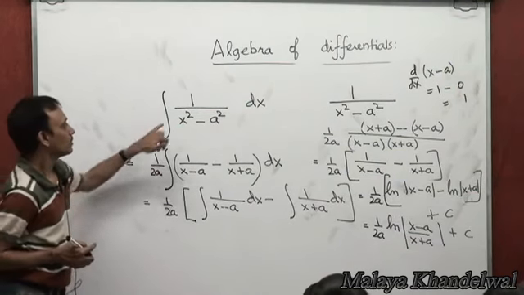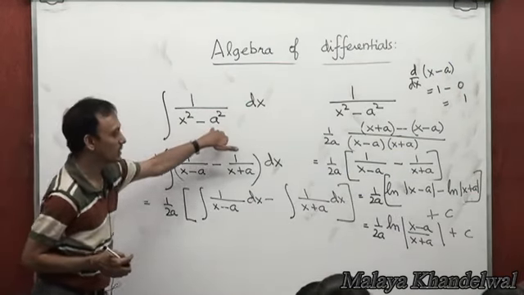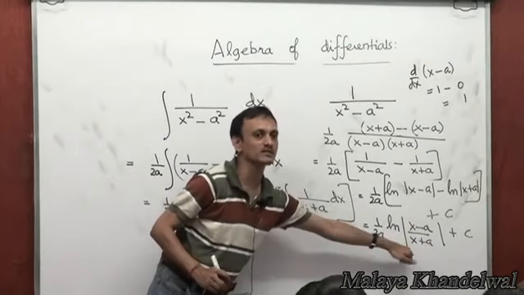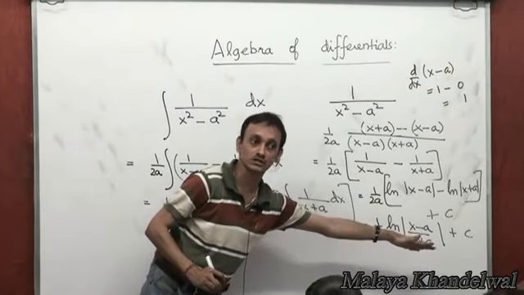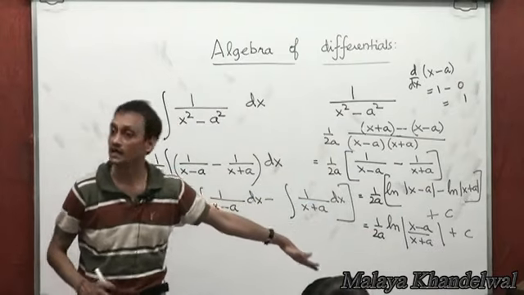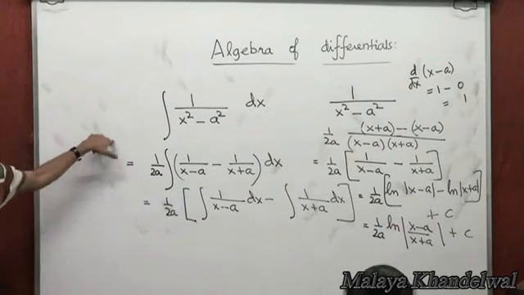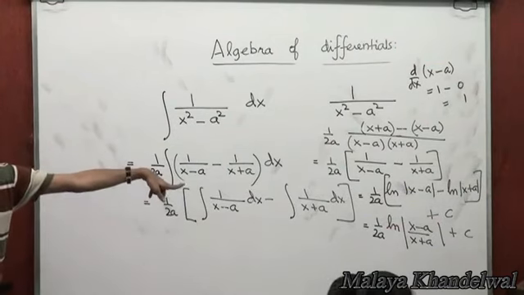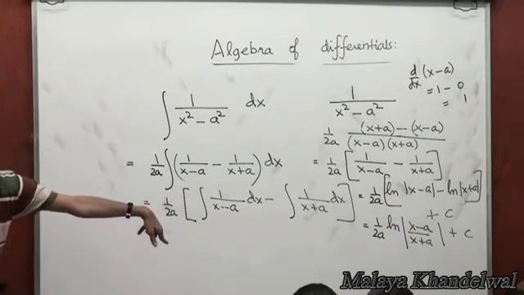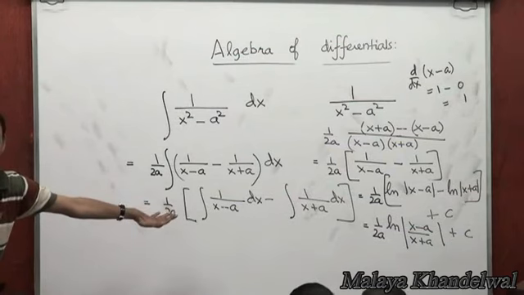Right? So 1 by x squared minus a squared is 1 by 2a log mod x minus a by x plus a plus c. This is yet another standard integral. You got to remember this. Comfortable? All of you?